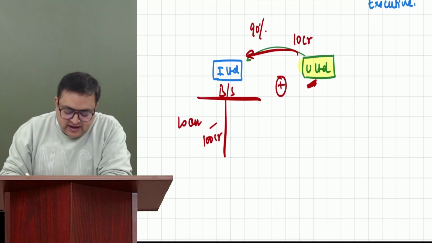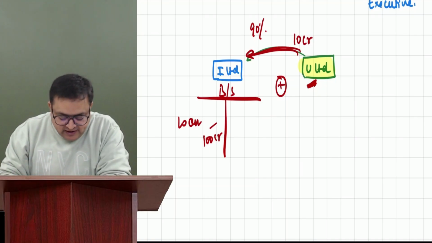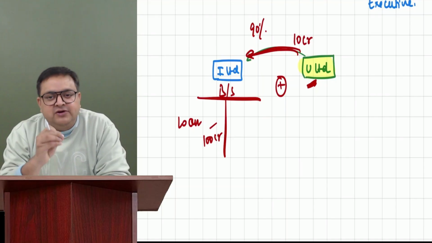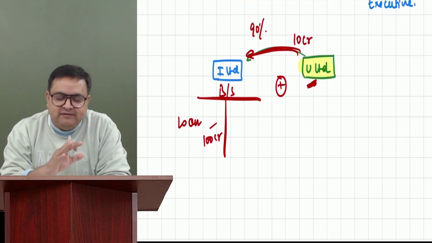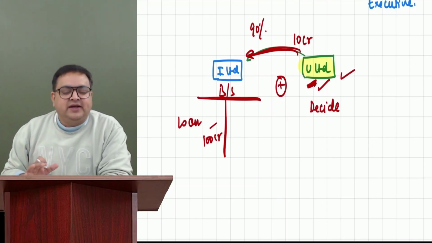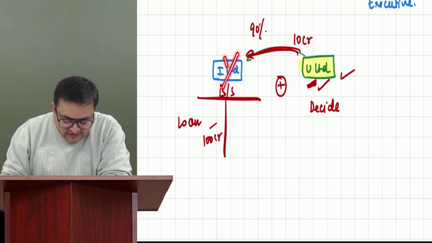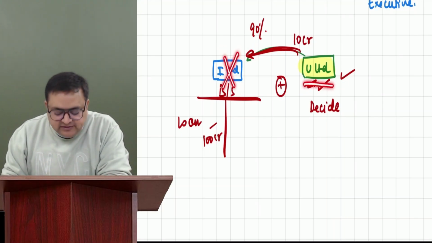U Limited is actually controlling you. He is saying that I will supply at least 90% of the raw material or more, and I will only decide the price. You don't have any say on it, you can't say a word on it. I will decide the price only.